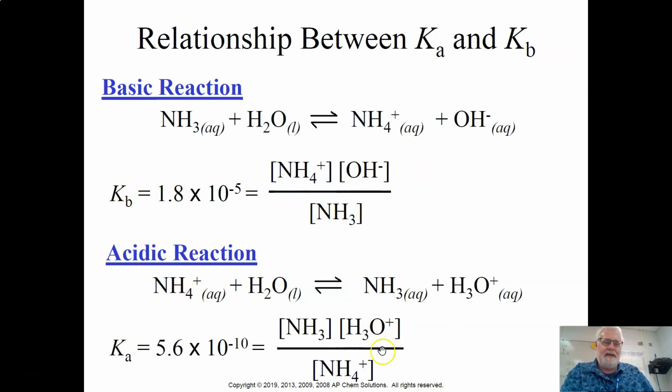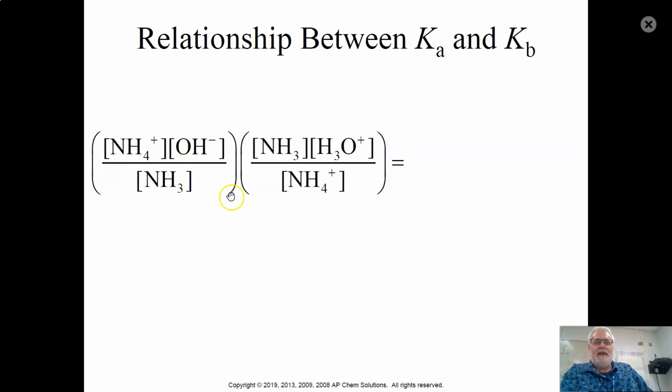So anyway, you got a basic reaction and an acidic reaction, a Kb and a Ka. So I want you to keep these in mind and see there are some similarities, obviously, and on this next problem, we're going to talk about how you can line these up next to each other. So if you have the same compound and you do the acidic reaction for it and the basic reaction for it, look at what happens.